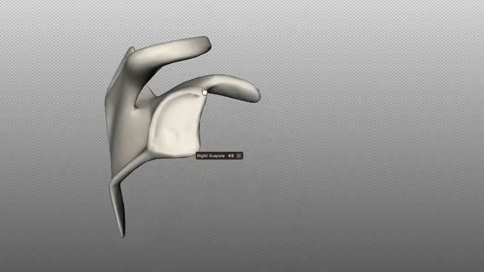Above the glenoid fossa you've got the supraglenoid tubercle, and below it you've got the infraglenoid tubercle. These tubercles are a point of attachment for muscles. The infraglenoid tubercle is the point of origin for the long head of the triceps muscle. The supraglenoid tubercle is the point where the long head of the biceps muscle attaches.